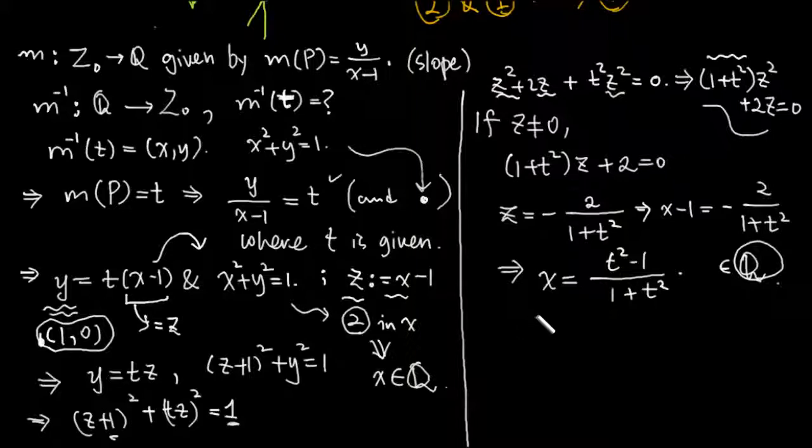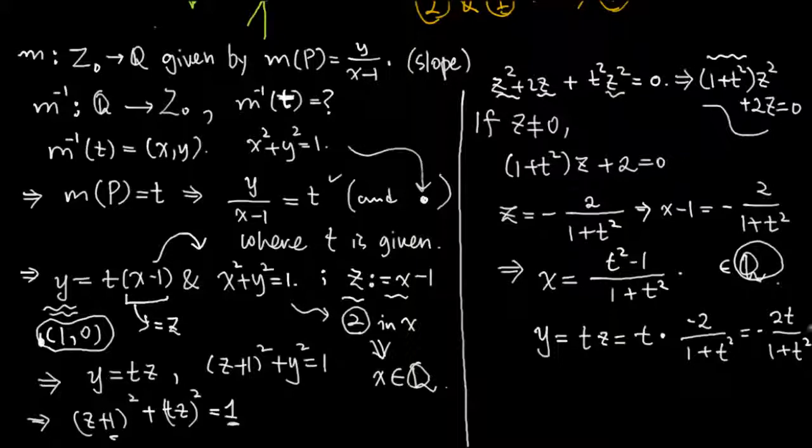Now, what is y? Y here is t times z. I think that's an easier formula to use than going back in here and subtracting 1 again. Z was negative 2 divided by 1 plus t squared, so y is t times that. I think we obtained this formula back again, which we obtained early in the video.